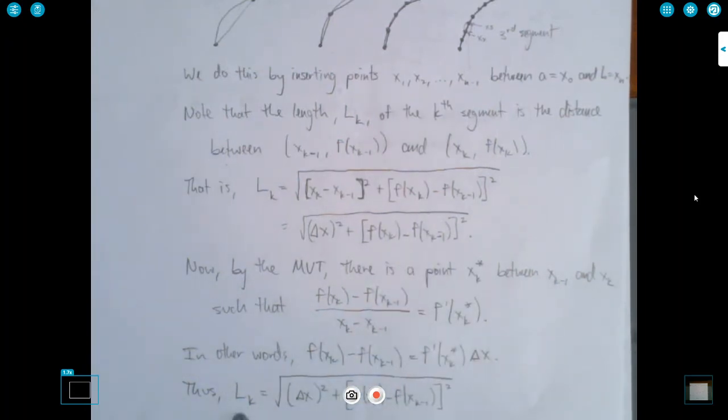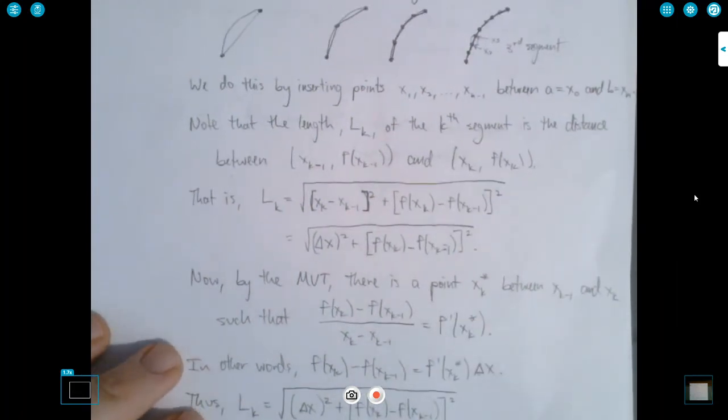So the length of the kth line segment, remember, is the square root of delta x squared plus f of x sub k minus f of x sub k minus 1, squared. Now we replace this with this expression, and we still have to square it. So we get f prime of x sub k star squared times delta x squared. We can factor out a delta x squared and then take the square root of delta x squared to just get delta x, and we can pull that out of the square root, and then this is what we're left with: 1 plus f prime of x sub k star squared.